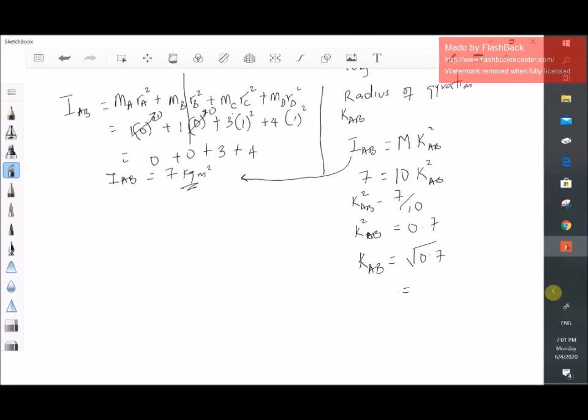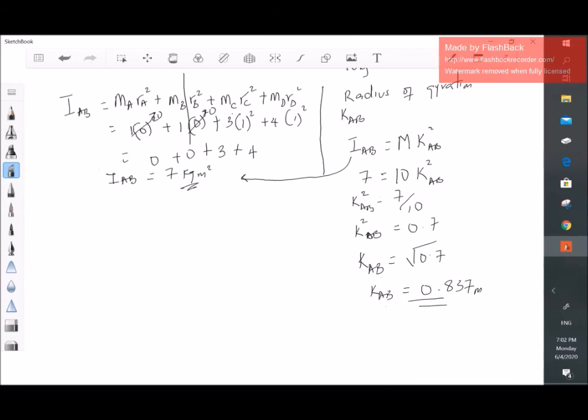So my radius of gyration at AB is 0.837 meters. So that is my moment of inertia along side AB and the radius of gyration alongside AB.